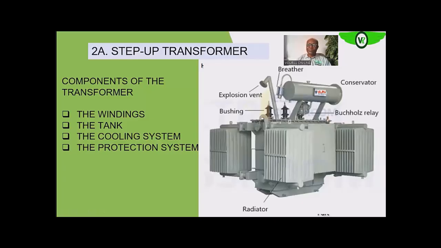Then another simple protective component that you will see in some transformers is the explosion vent. That explosion vent is like a relief valve, so to say, a pressure relief valve. We know that if there are internal faults, some faults within the windings, that can cause the generation of hydrogen gases.